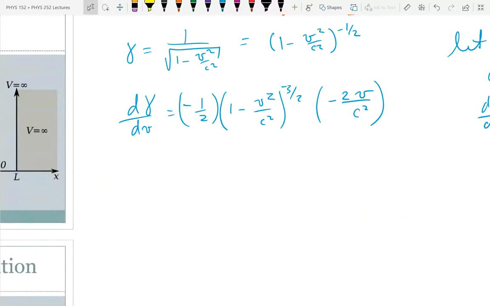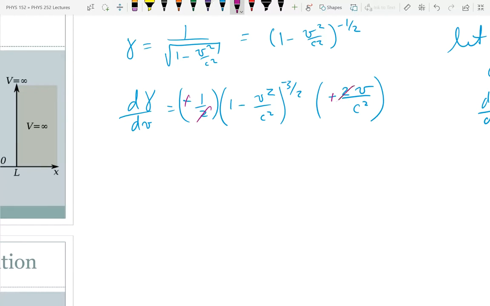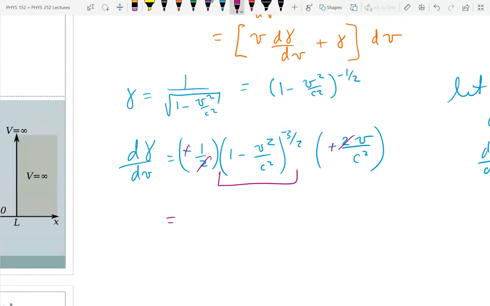Now, if we combine this all together, we note that this minus sign and this minus sign will give us a plus, and the 2's cancel. And so this is equal. And what is this thing right here? Square root cubed, all under 1. I mean, all over 1. It's this thing here, cubed.